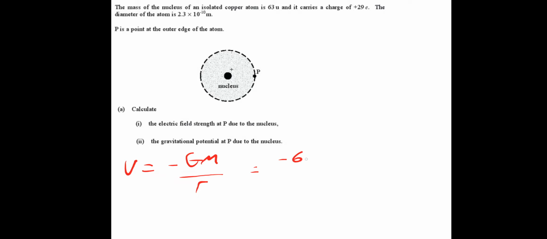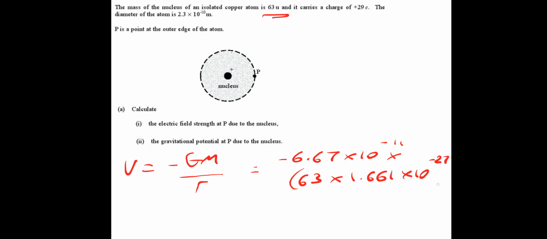So we've got minus 6.67 times 10 to the minus 11, multiplied by the mass, which is 63 times the u value, which we gave as 1.661 times 10 to the minus 27, divided by the radius. Again, the radius is half the diameter, which is 1.15 times 10 to the minus 10.